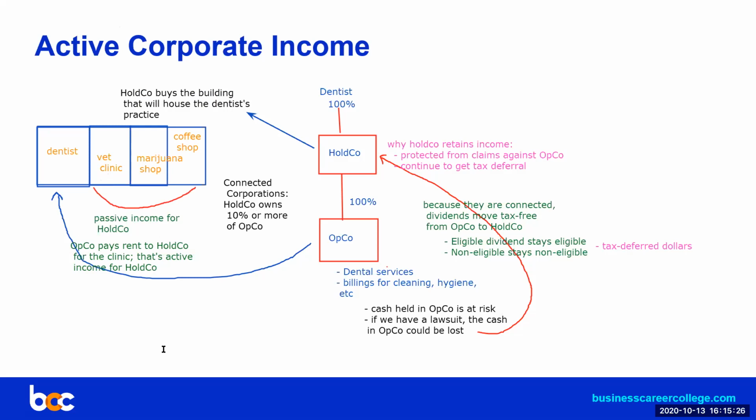Okay. All good? All right. So it's a good question, Esther. If the dentist has somebody on their staff who manages those other 3 units, the salary that we pay that person can actually be deductible against Holdco's passive income.